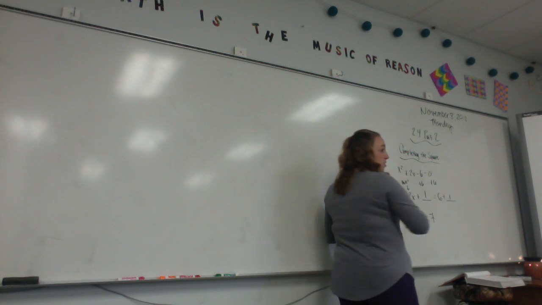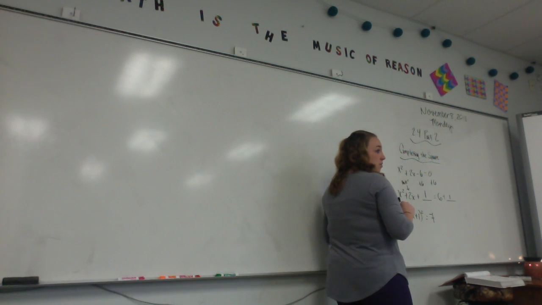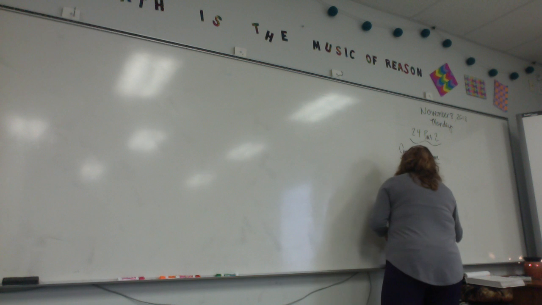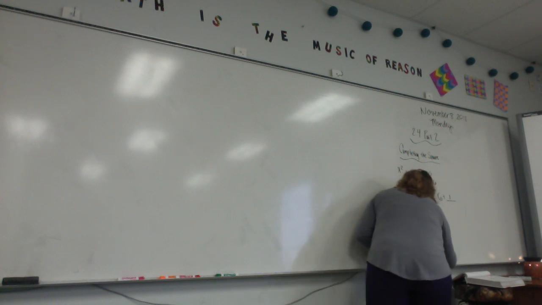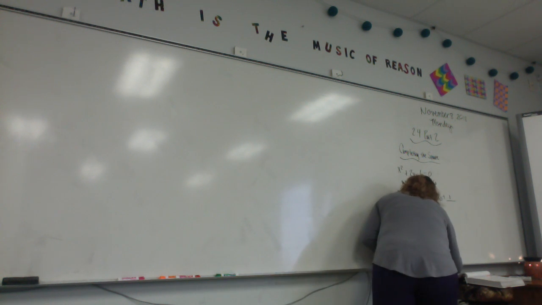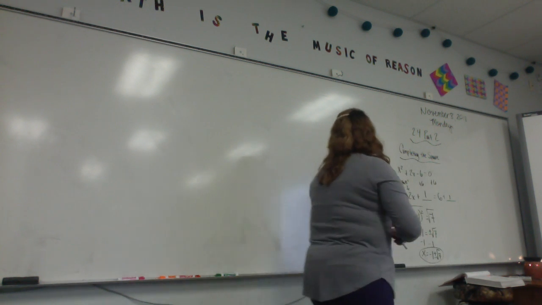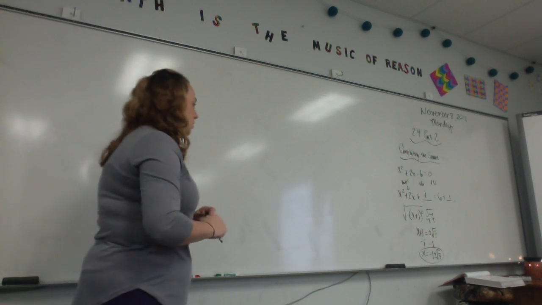We did this part yesterday. Radical. So I get x plus 1 equals plus or minus radical 7. I subtract 1 from both sides, and my answer is x equals negative 1 plus or minus radical 7. Completing the square.